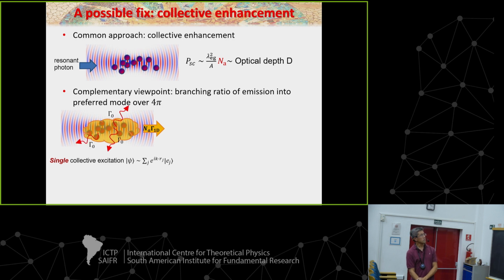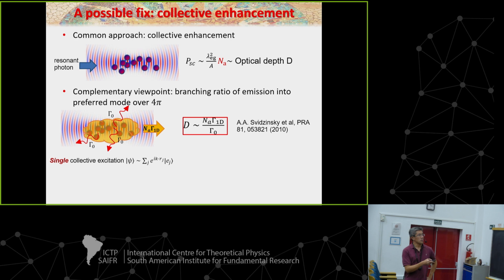Okay? Whereas in the other directions, it's assumed that on average there's no collective enhancement. So in the rest of 4 pi, a single atom would still emit a photon at a fixed rate gamma naught, which does not depend on atom number or atom density. It's exactly the same rate that a single isolated atom would emit into 4 pi.